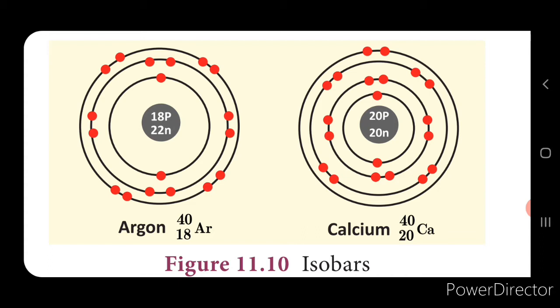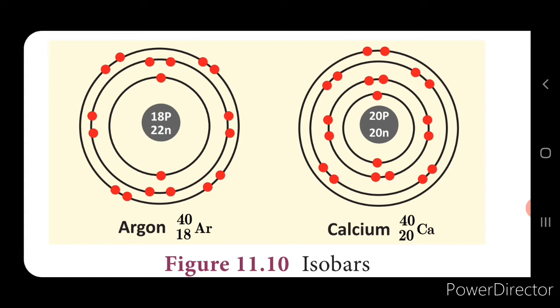Now look into the nucleons. Look into the nucleus, right? What are nucleons? Nucleons are nothing but the sum of the protons and neutrons together. We call it as nucleus, isn't it? Now the number of nucleons in both the atoms are same. Now here for the argon it is 18 protons and 22 neutrons, isn't it? And here it is 20 protons and 20 neutrons.